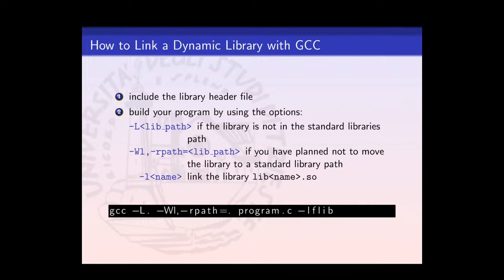And so we need a way to specify the final location of the library we want to link, which of course may be a non-standard library location, and to do it we have to use that weird parameter, minus capital W, L, comma, minus R path equal, and the final destination of the dynamic library we intend to link to our executable.